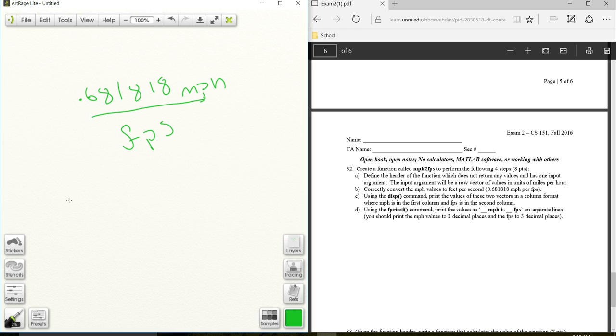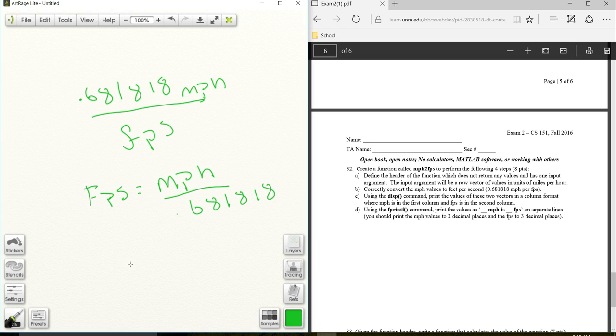So in my code, I want FPS is equal to mph divided by 0.681818.